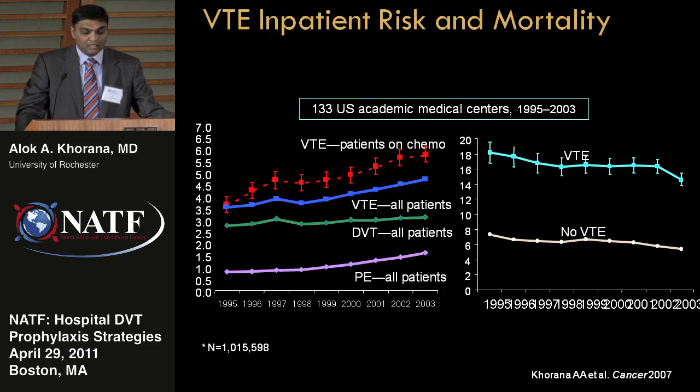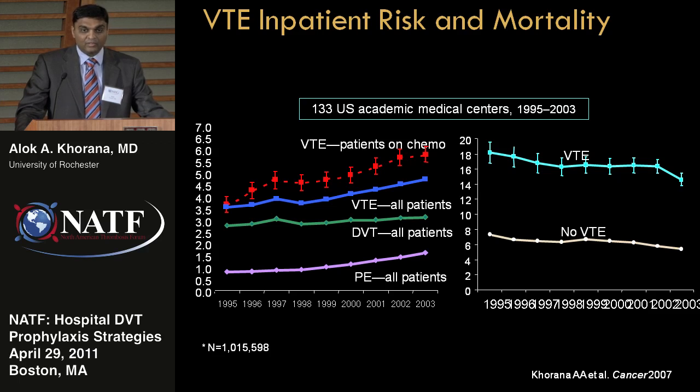Again, in-hospital mortality was also strongly associated with VTE. The graph on the left shows the rising trends in VTE in patients on chemotherapy, for all patients, rates of DVT, doubling of rates of PE. And if you look at the graph on the right, we see rates of dying during the same hospital admission as a clot occurred if you did not have VTE versus if you had VTE.